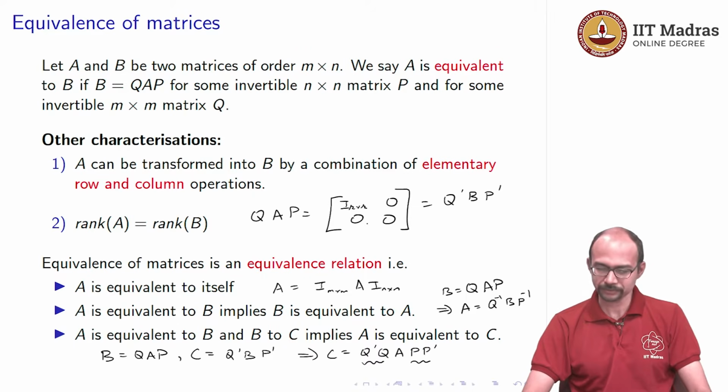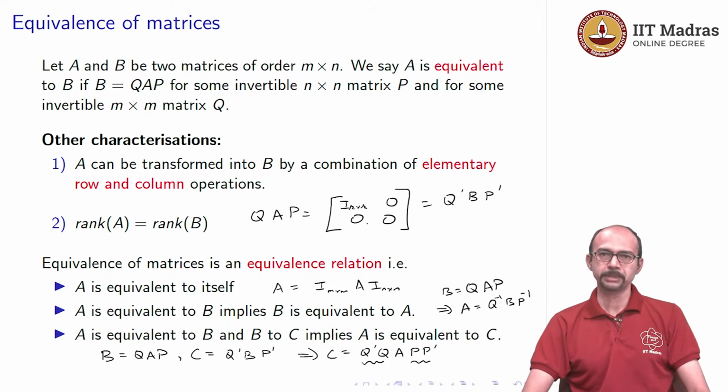Conversely, if they are equivalent, then I'll leave it to you to check that indeed the ranks are the same. That is a little bit of manipulation of column and row spaces. Okay, so we know what it means to say that two matrices are equivalent.